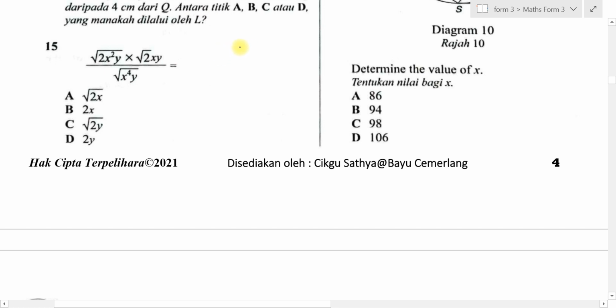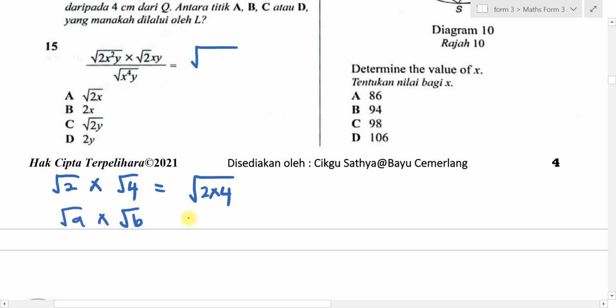We'll see here. Remember, let's say you have square root 2 times square root 4. You always can write like this. The property here is square root A times square root B, you can write square root AB like that.